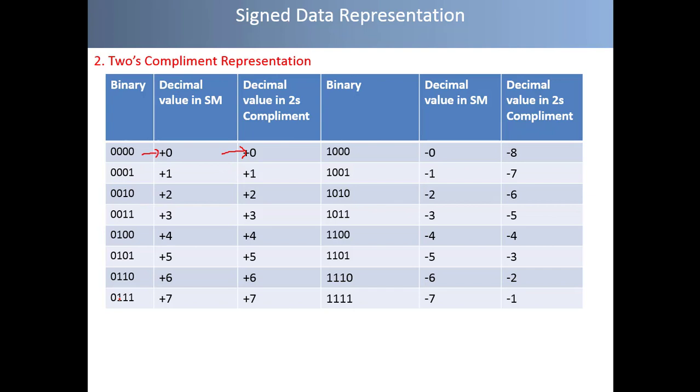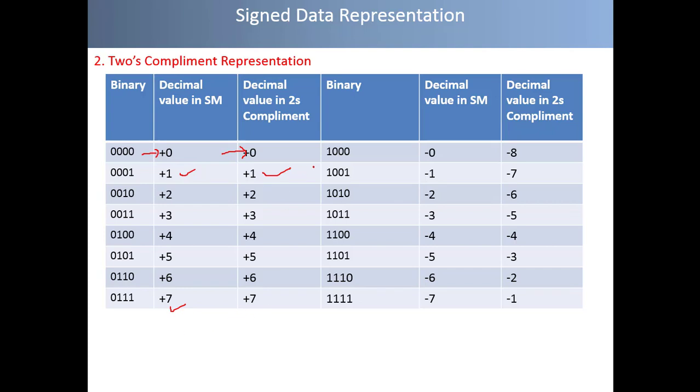We continue by increasing the values. 0001 is +1 for sign magnitude and +1 for 2's complement, up to 0111, which becomes +7 in both representations.